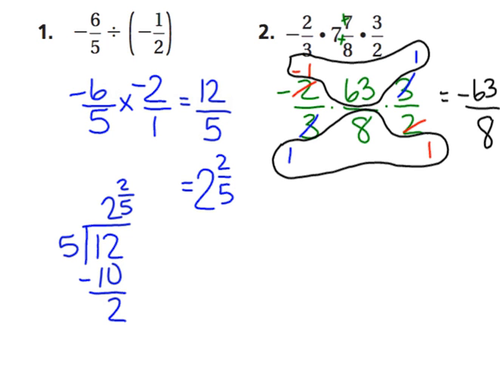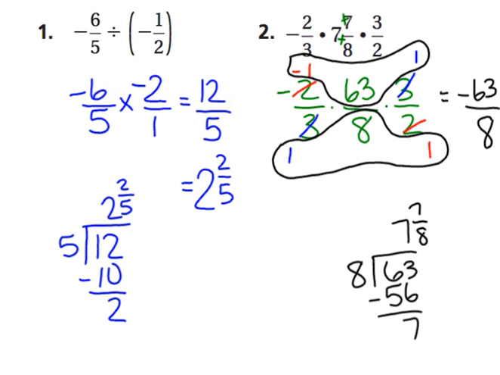Okay, and final step, we're going to convert this back into a mixed number. 8 will go into 63 7 times, and there's going to be 7 out of 8 left over, which actually ends up being this number that we started with, except now we're multiplying by a negative, so our final answer is negative 7 and 7/8.